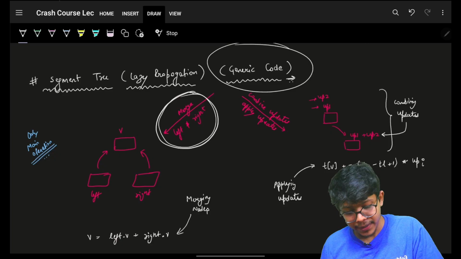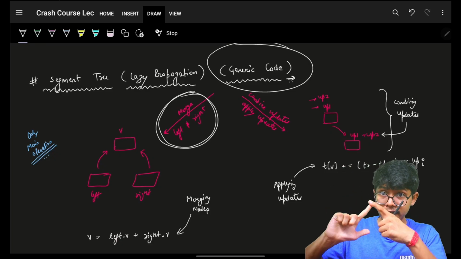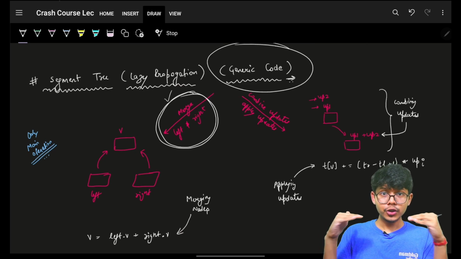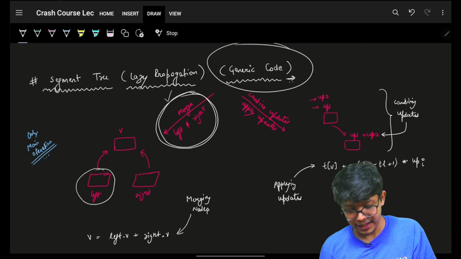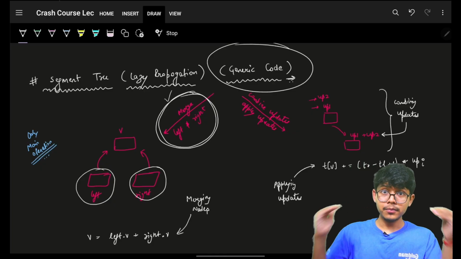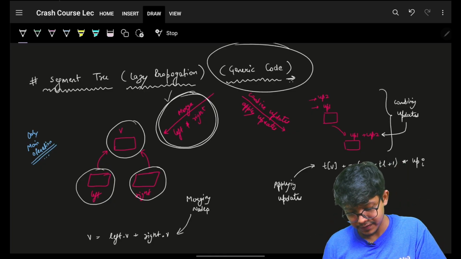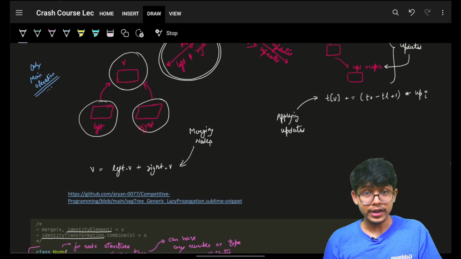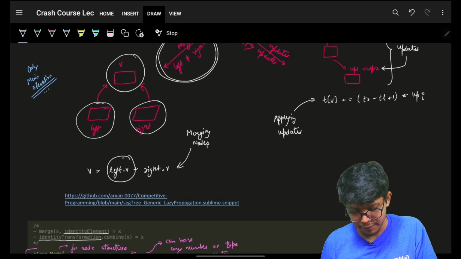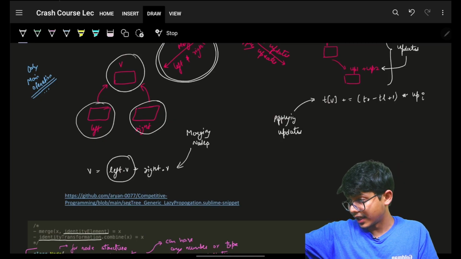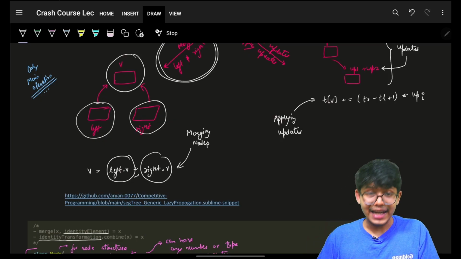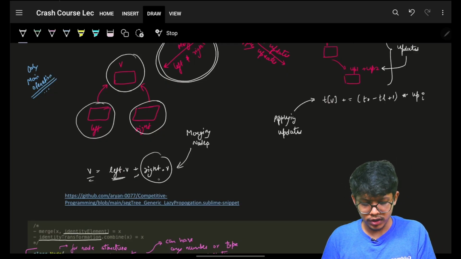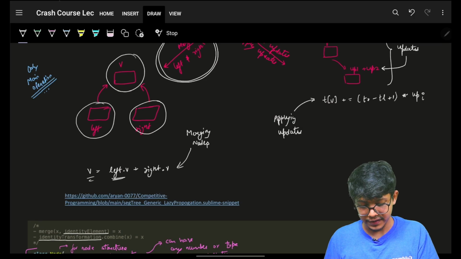So my one prime operation which I use in building, query and update will be merging my two child nodes to receive myself. Let's say I have a left child, I have a right child. I will merge them by some logic and will get a V. That logic will be my merge function. So far we had been getting a left, getting a right, and then adding that up and thus getting a V. So imagine you have a left node, a right node, simply add them up and you will get a V, right?